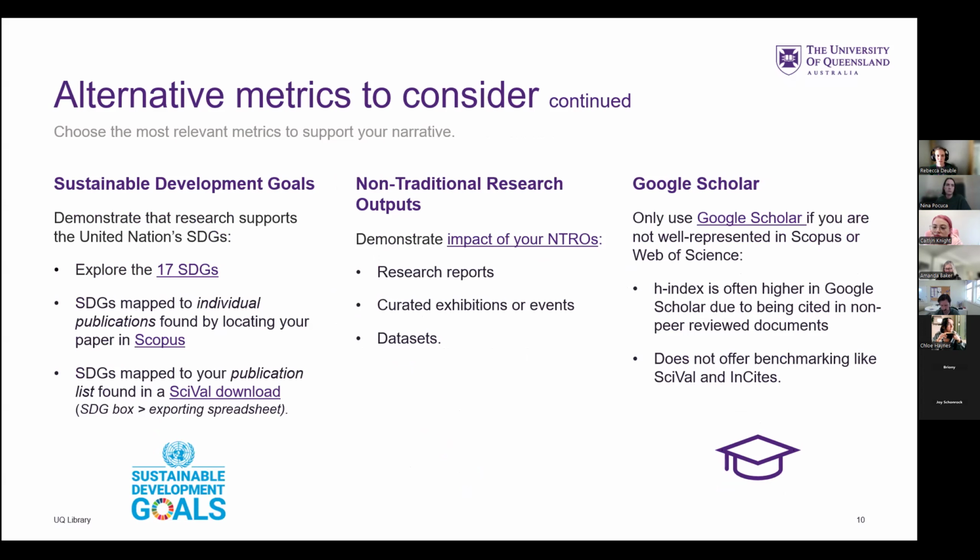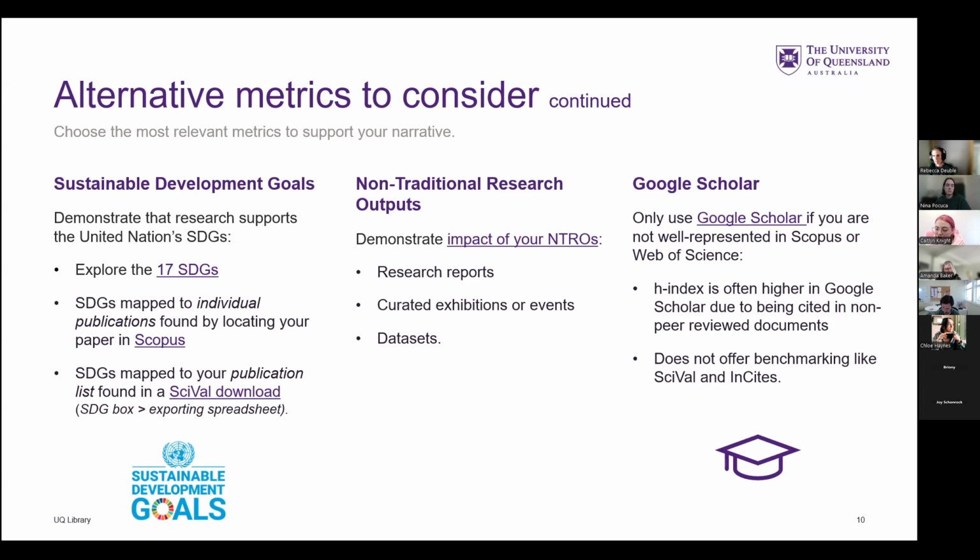Non-traditional research outputs. So there's a link to our library page here. If you've got non-traditional research outputs, there's also instructions in this guide around how you can demonstrate the impact of those non-traditional research outputs, such as research reports, curated exhibitions or events, and data sets. Obviously, you can't rely on citations so much for this. Research reports, I know, can be cited.